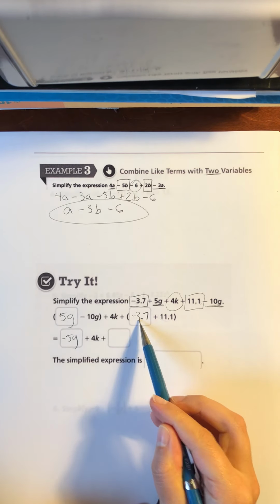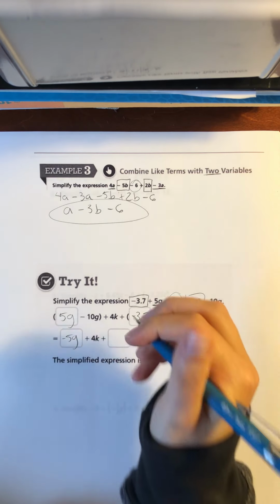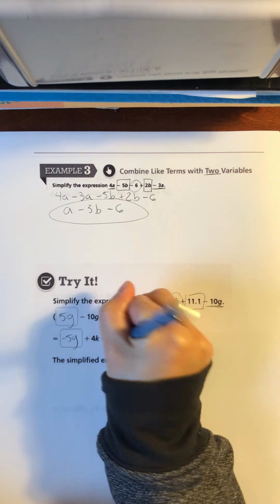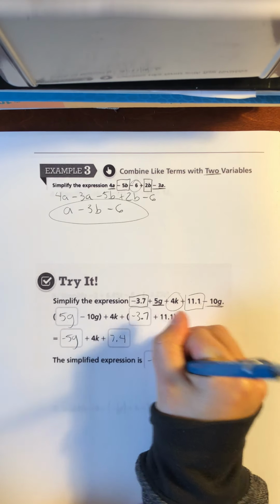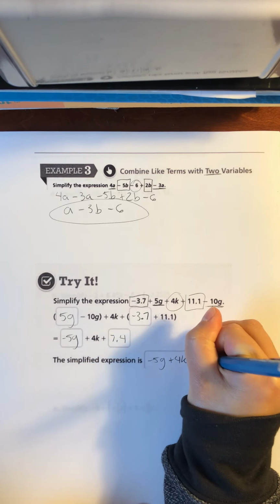Negative 3.7 plus 11.1, you could do that in your calculator if you need to, it's positive 7.4. The simplified expression is negative 5g plus 4k plus 7.4.